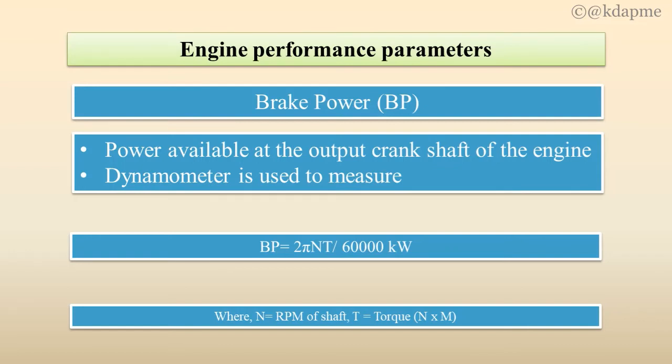Torque is a force into its perpendicular distance. So if you can calculate these two things, you can easily substitute into the primary equation and you will get the value of brake power.